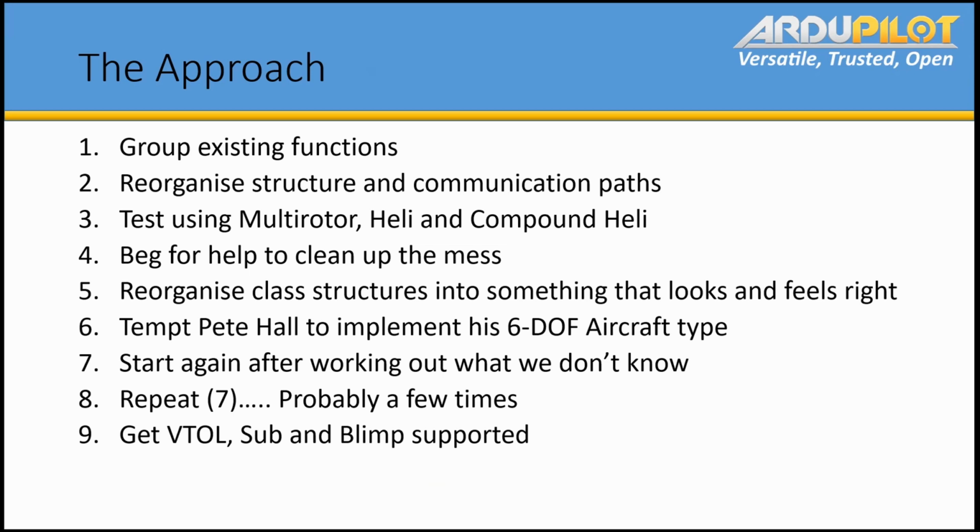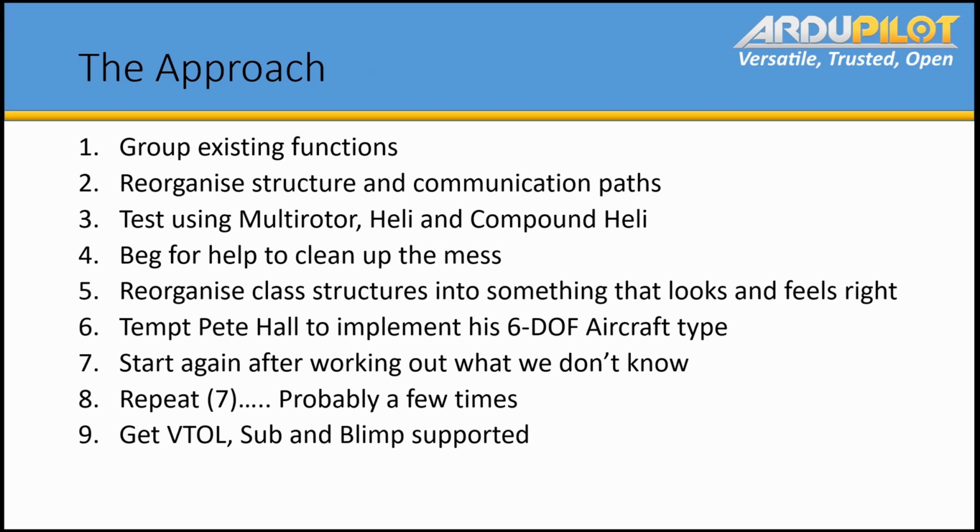So 6-DOF and sub, potentially blimp, a full 6-DOF potential vehicles that would make full use of this, and we can make sure all of the paths are done right. And if we can get to a point where Pete's really happy and he can do everything with his 6-DOF aircraft he wants to, we can feel confident that you can do it with most aircraft.